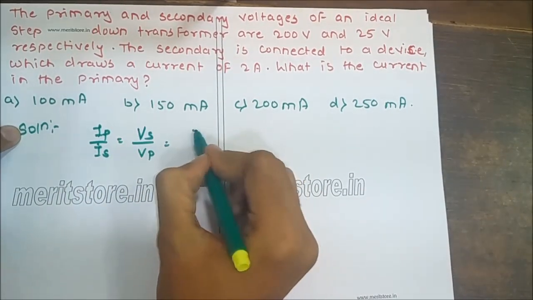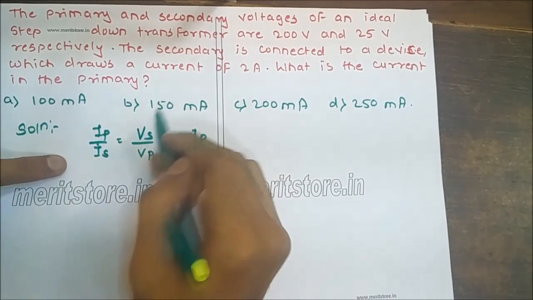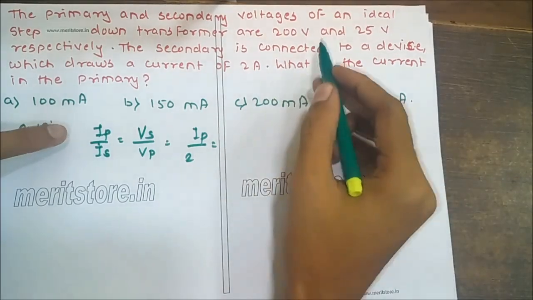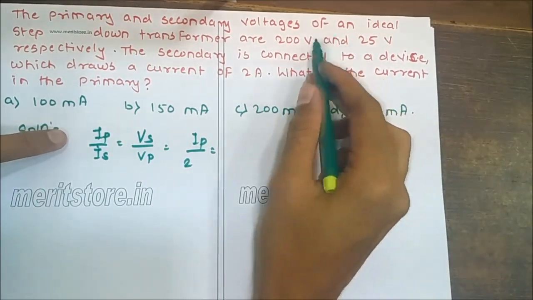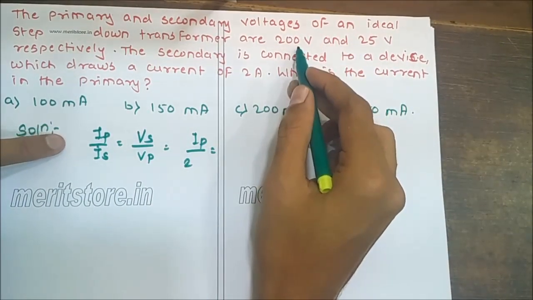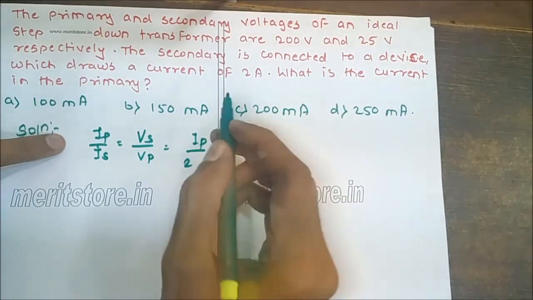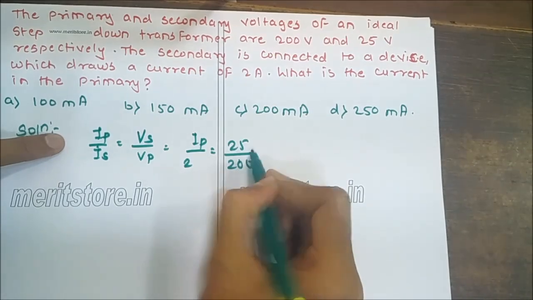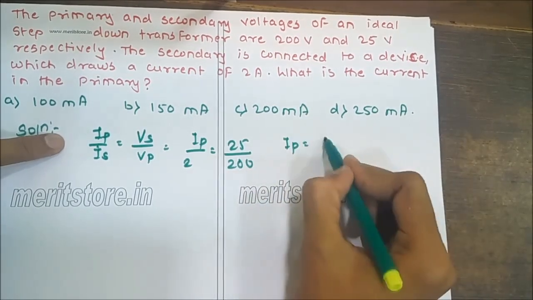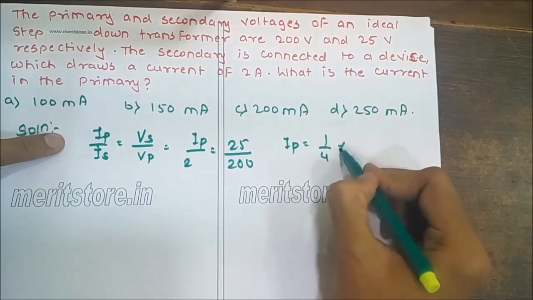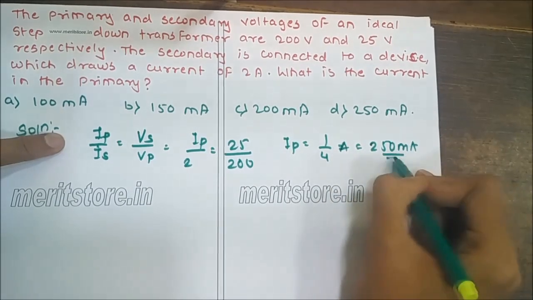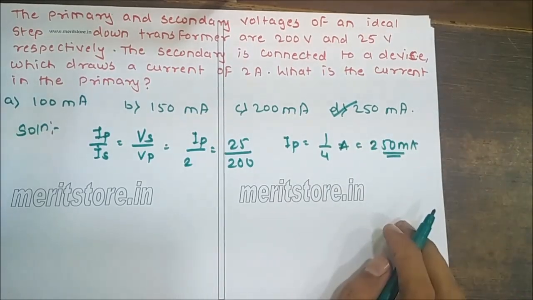Here Ip is to be found, Is is the current in the secondary, that is 2, voltage of the secondary is 25, and voltage of the primary is 200. So your Ip becomes 1 upon 4 amps, which is nothing but 250 milliamps. So D is the correct option.